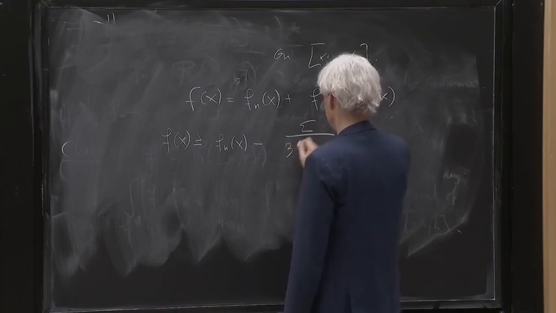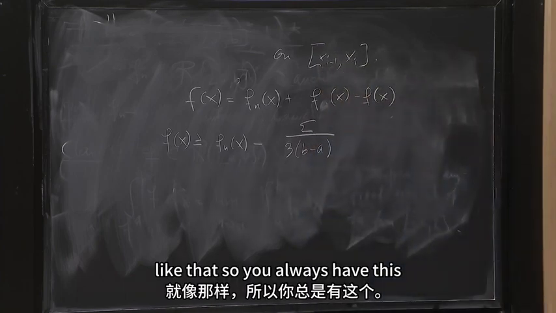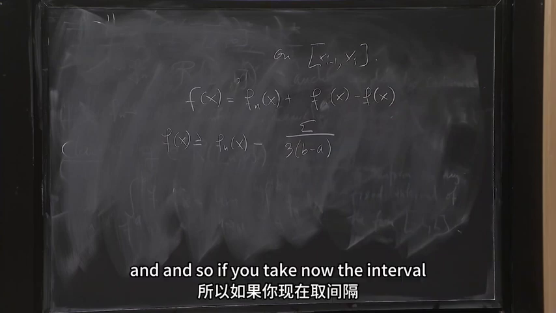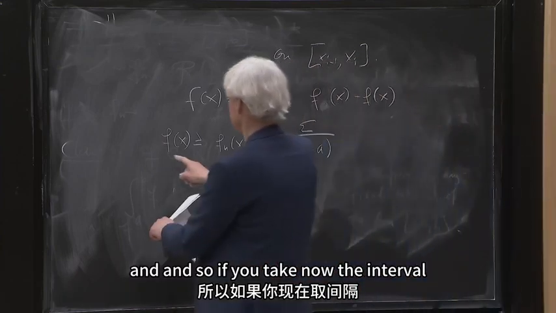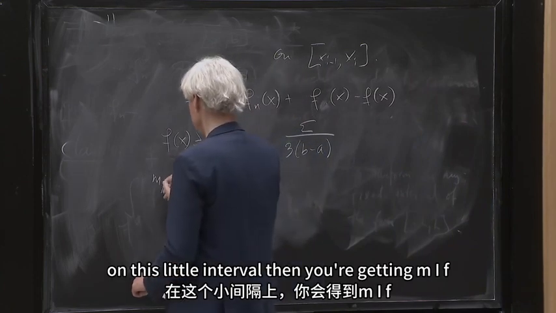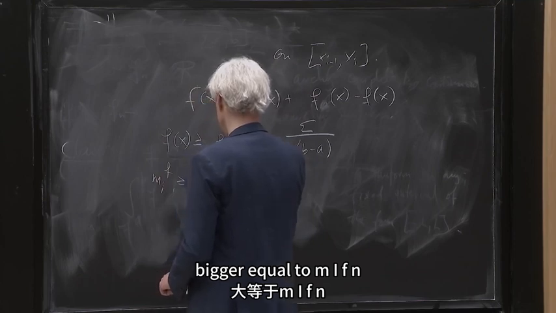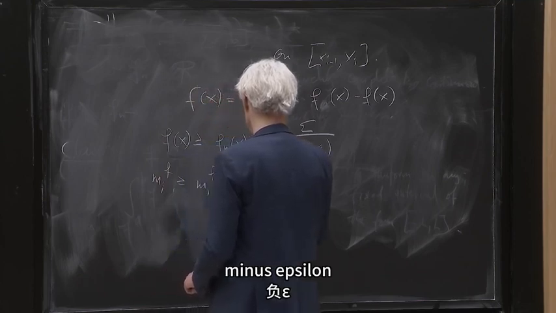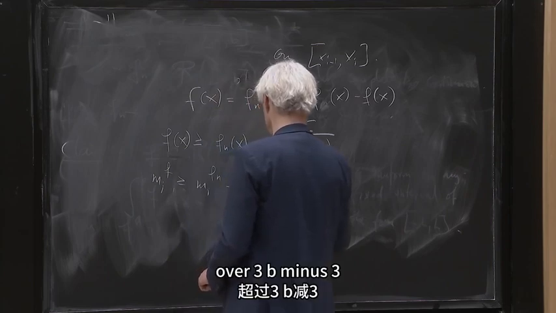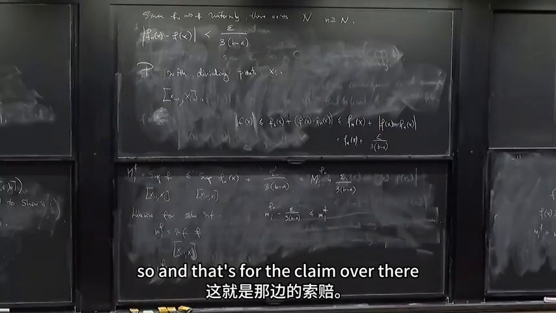So you always have this. And so if you take the infimum on the little interval, you get mi f bigger or equal to mi fn minus epsilon over 3(b - a). Right, so you have that, and that's what we claim over there.